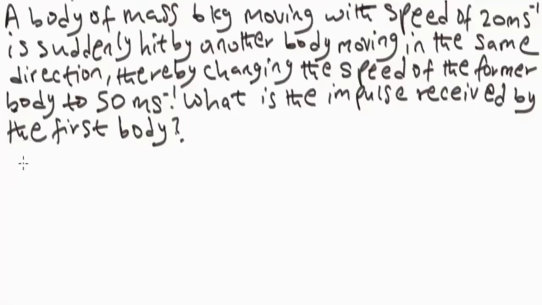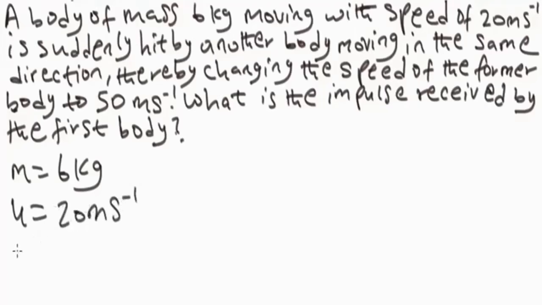Alright, let's bring out our parameters. We have our mass to be 6 kg, initial velocity u to be 20 meters per second, and final velocity v to be 50 meters per second. F is unknown and t is unknown.